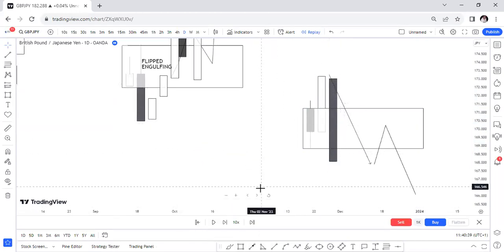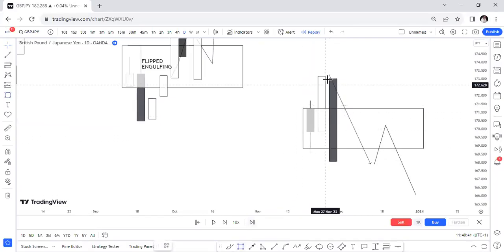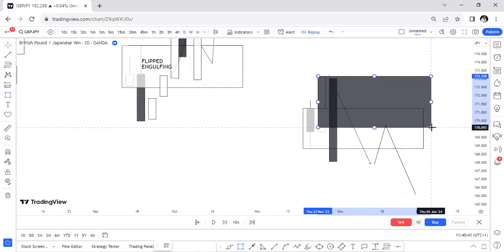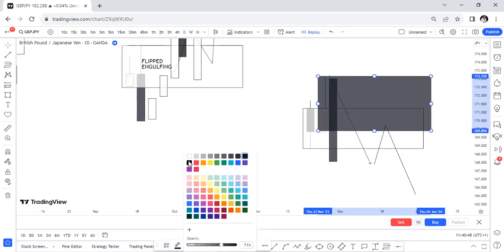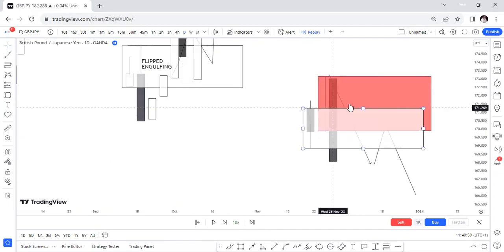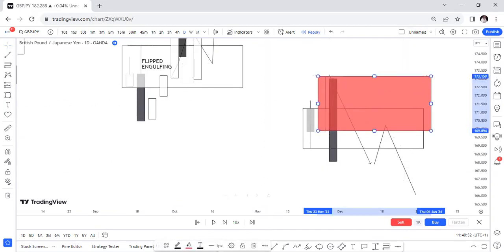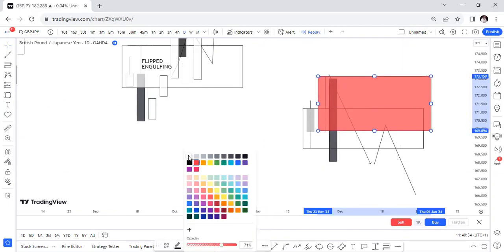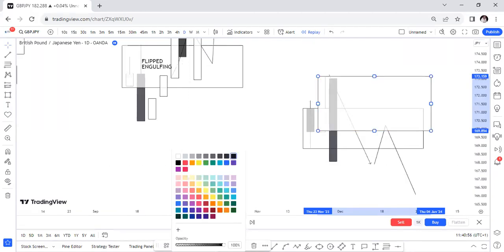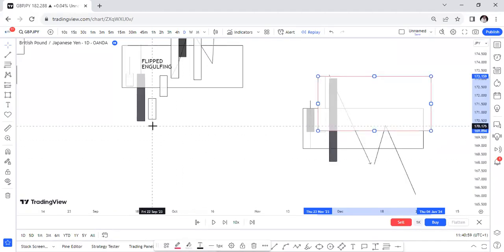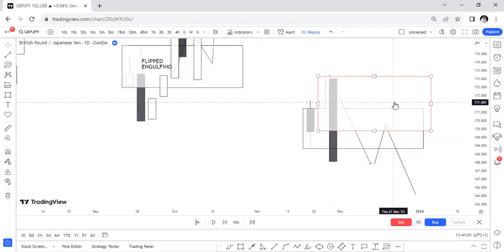This has become the new bearish engulfing.